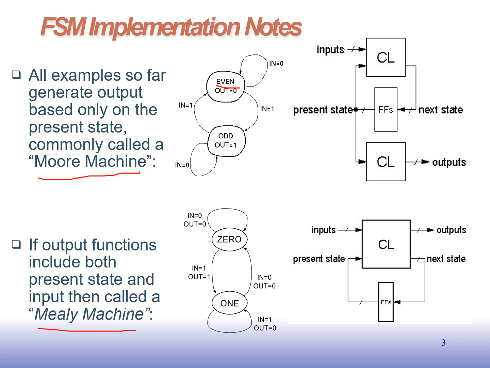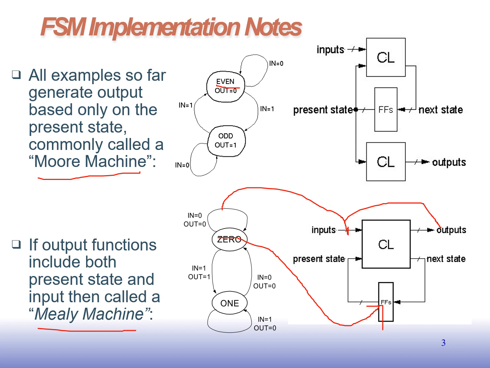Here, this is the state. The state can be given in the form of flip-flops. The arc carries the input and output, which you have here. So the Mealy machine's output depends upon the present state and the input.